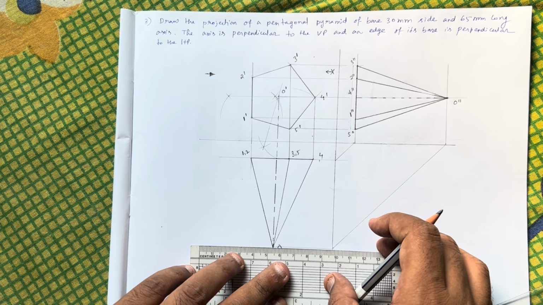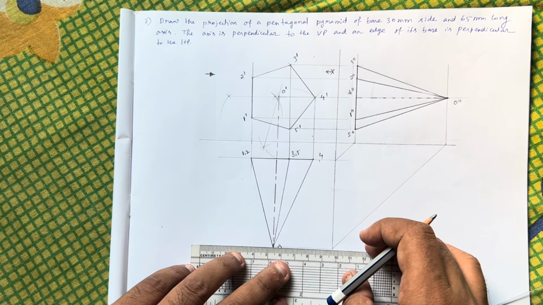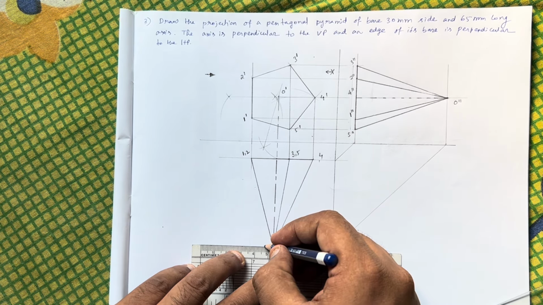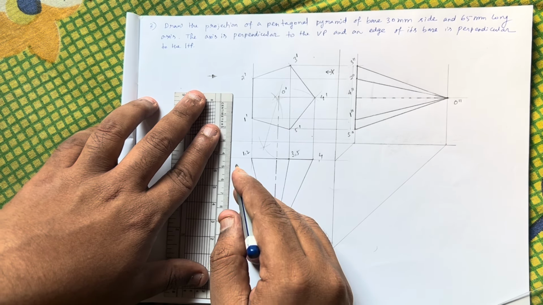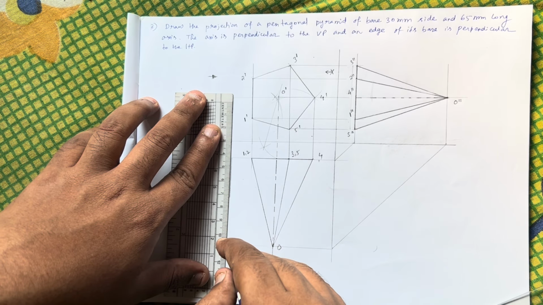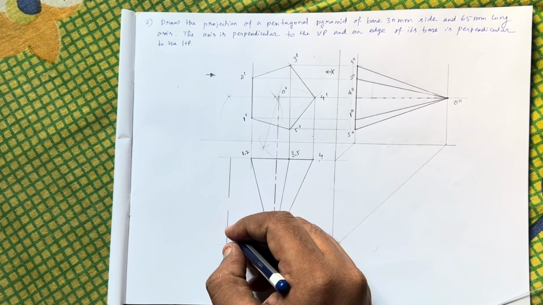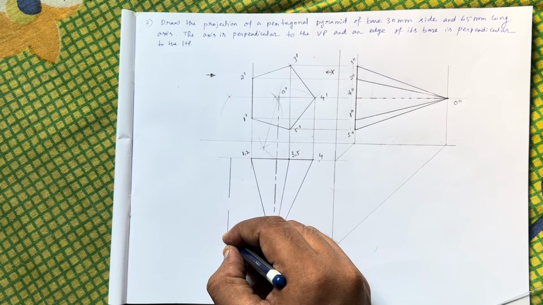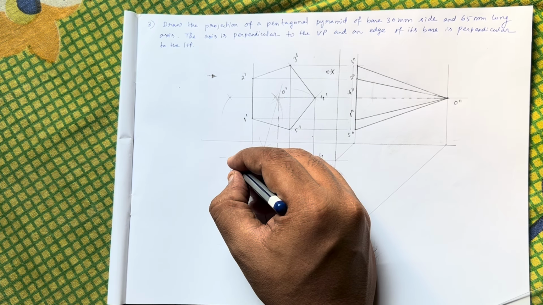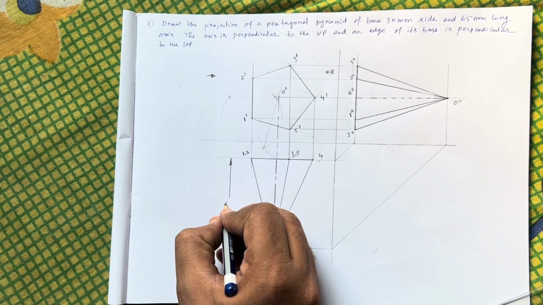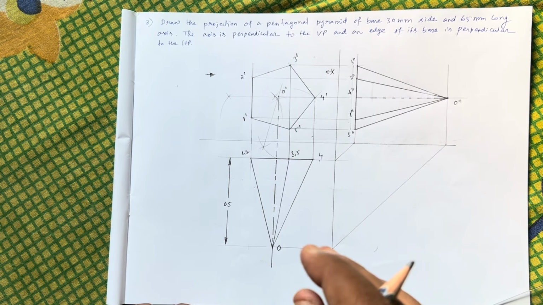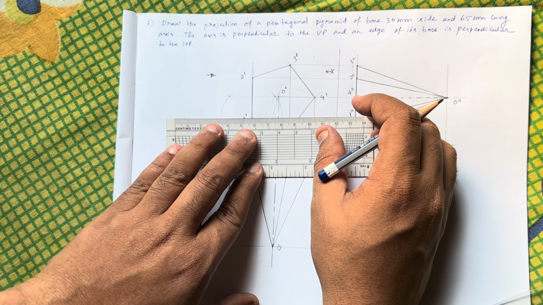So this one is 65, this is 65, and the sides are 30 mm.